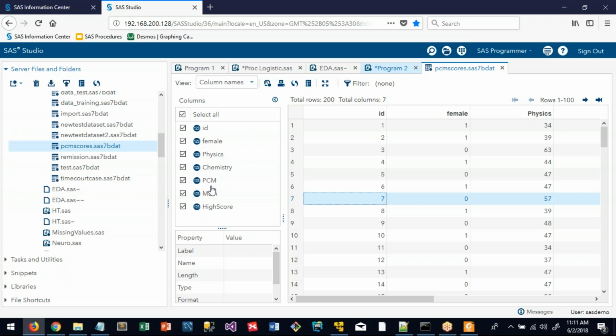There is physics, chemistry, and math. We have to include the female variable because that is what they were trying to look for. Whether women can be clubbed with the marks obtained in certain examinations, and can we say there is a relationship between the two? Can we say that in a certain district or area, women are excelling in a specific subject or group of subjects, so that we can predict that they will get a high score?